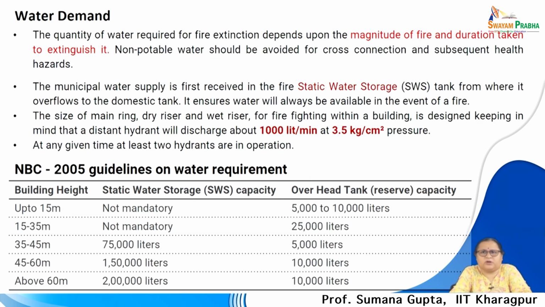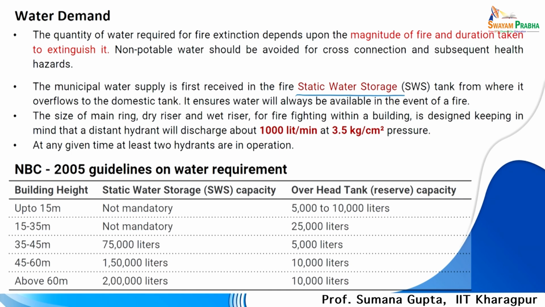Now coming to the water demand, because as you understand everything is controlled by water, and water should come from the water tank. The magnitude of the fire and the duration taken to extinguish it determine the amount of water that will be required. So, we have a static water storage tank which is underground in a building, from where the pump is connected and the water is taken to the top level.